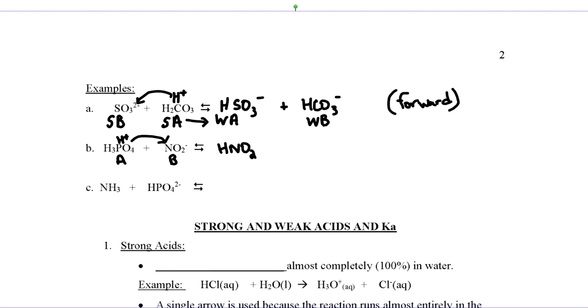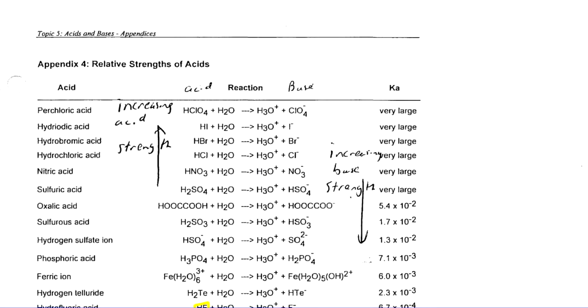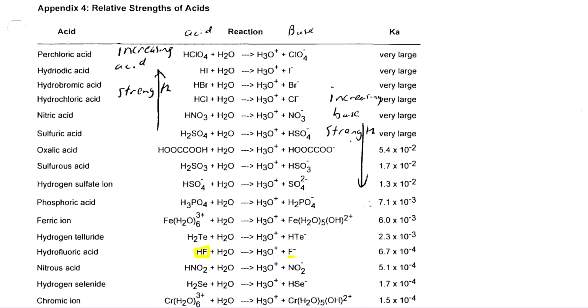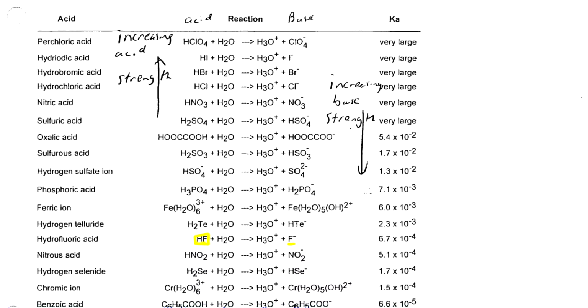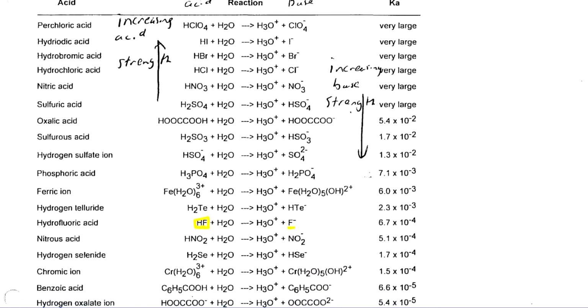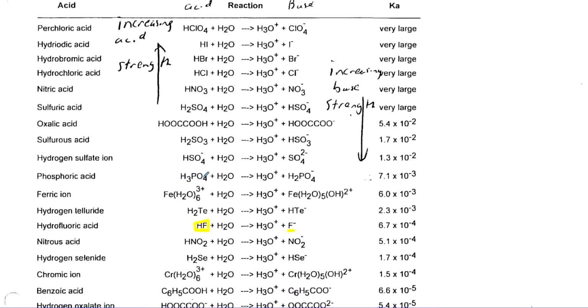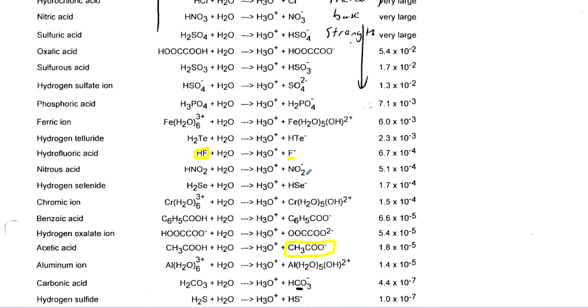Okay, so let's just look at our chart to make sure we get our products correct. So H3PO4, when it loses a hydrogen, becomes H2PO4 negative. And NO2, when it gains a hydrogen, is HNO2.